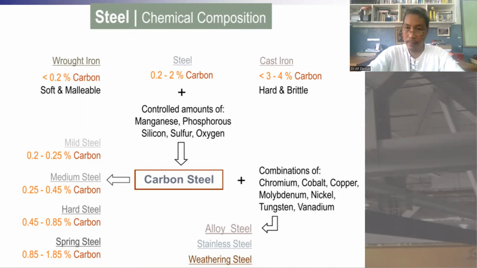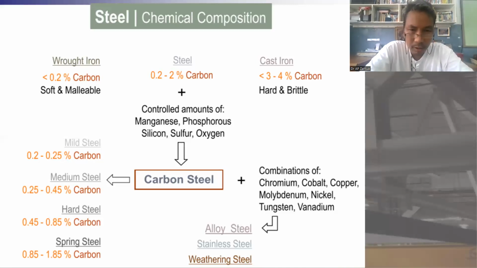So remember MPSSO, 3C, MNTV. Those are the elements that need to be added into the mixture of iron and carbon. If you do that, you will have alloy steel, and the two most common types are stainless and weathering steel, or Corten steel.